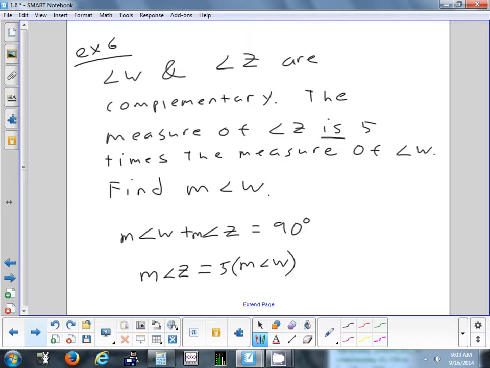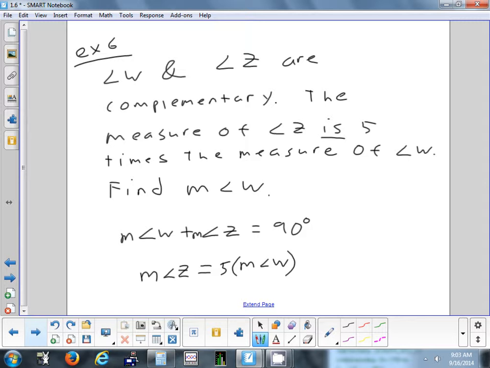Now what would I do? How would I solve these 2 equations? I need both of them together, but I have to kind of combine them. Oh, Justin? What are we trying to solve for? The measure of angle Z and angle W. Just W. So we don't have to find Z. So just the measure of angle W. So we need an equation that has all W's in it.